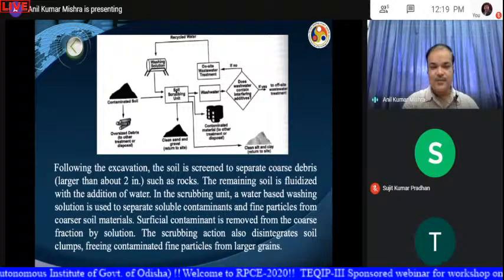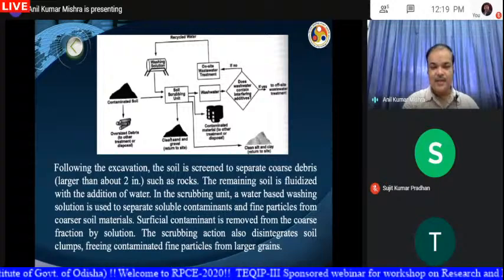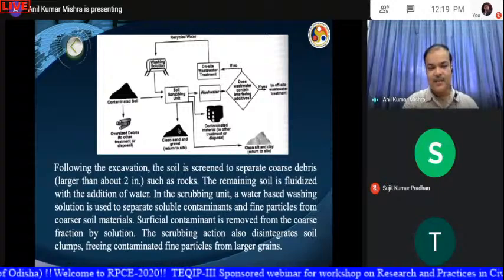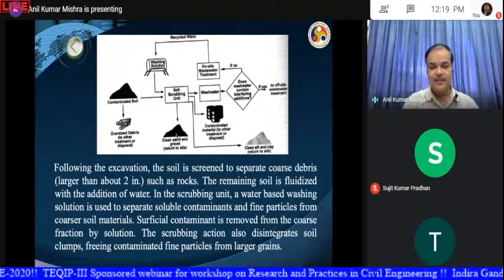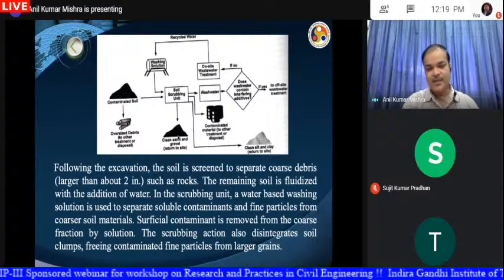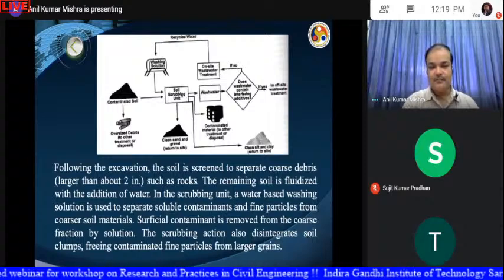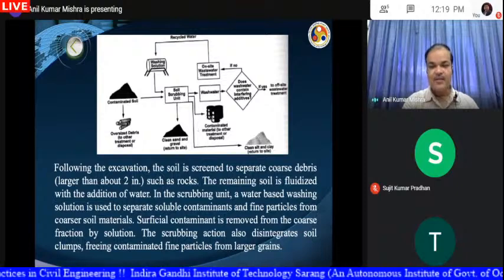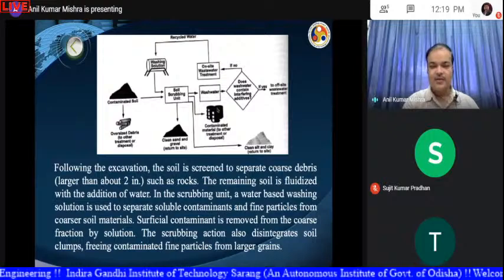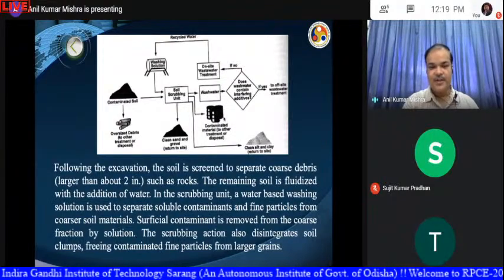After this process, the large particles like clean sand and gravel will be removed, and these can be sent back to the site. Then we will find some clean silt and clay, and also some contaminated soil. This contaminated material will be treated further.